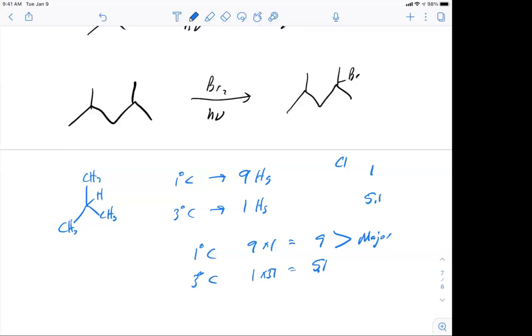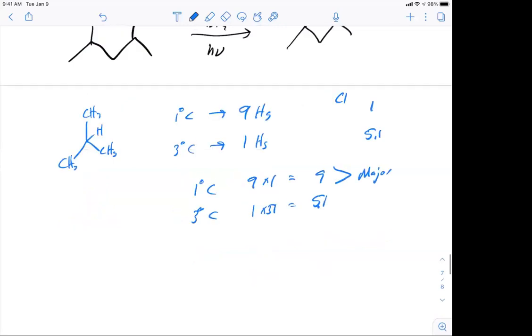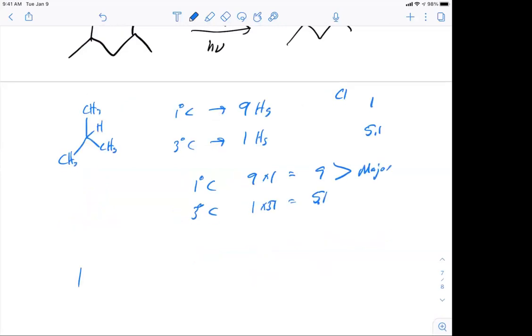And since the difference between the chlorine primary and the chlorine tertiary is low, that means the primary becomes the major product here. So in this one, it's due to the low selectivity between primary and tertiary, and it's due to the high ratio of primary hydrogens.